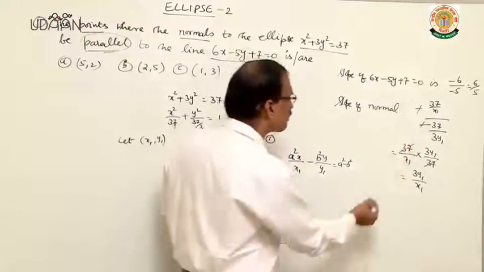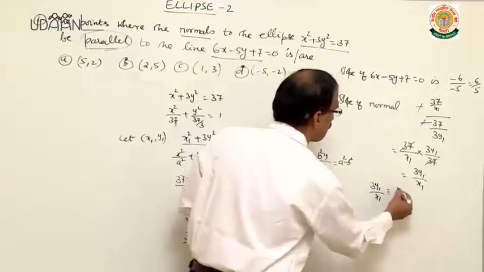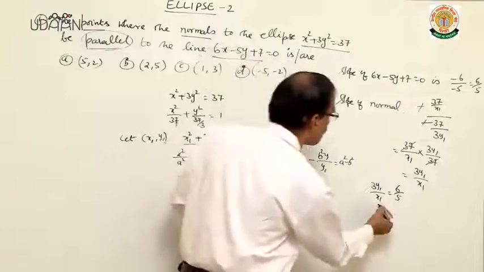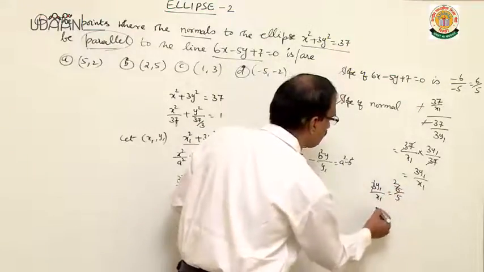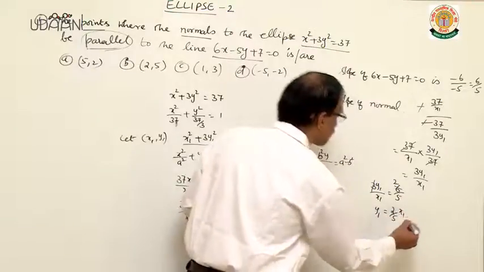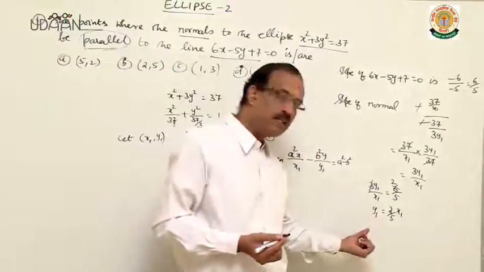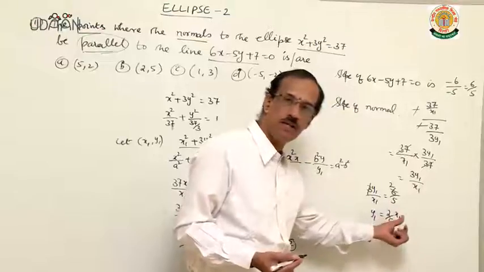So 3y1 by x1 equals 6 by 5. The 3 and 6 can be cancelled, giving 2 by 5, or y1 equals 2 by 5 x1. You got the value of y1 in terms of x1.